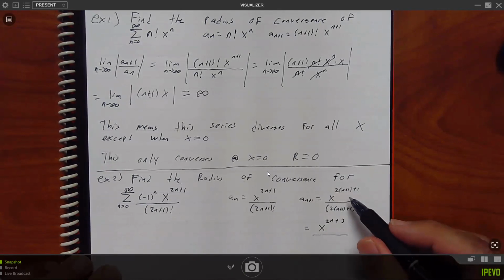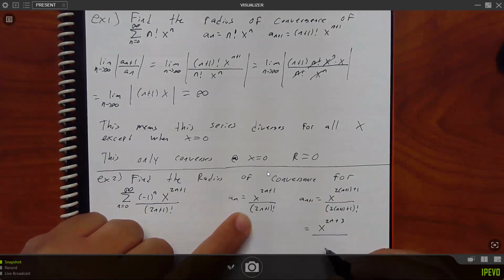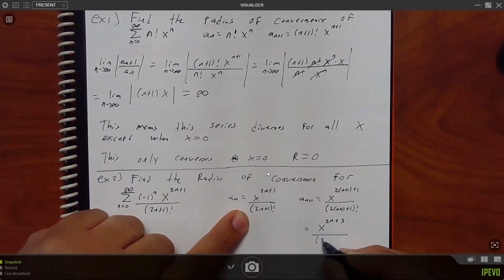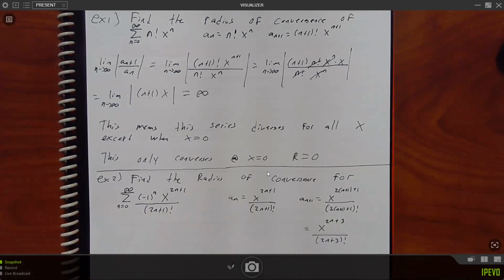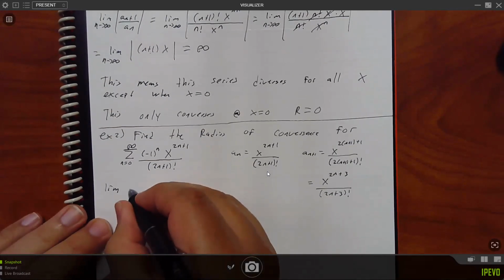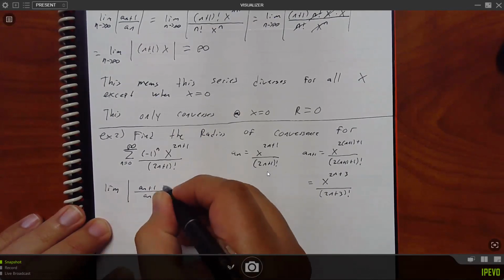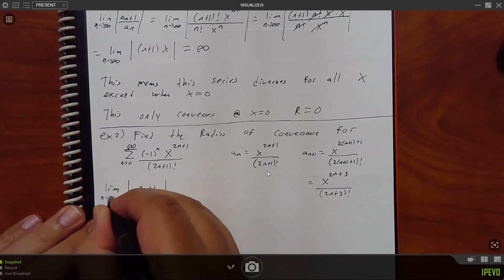So if you plug in the n plus 1, I distribute the 2, right? And then add 1, because that was already built in. So we're going to get 2n plus 3, which is the same for this denominator part. 2n plus 3, right? So take the limit of a_{n+1} over a_n as n goes to infinity.